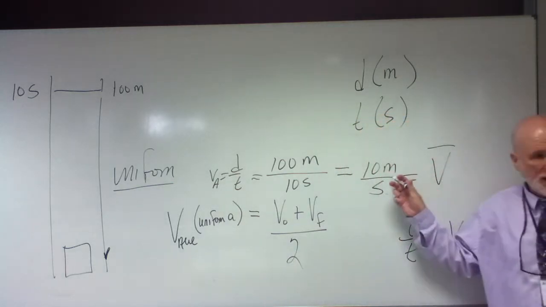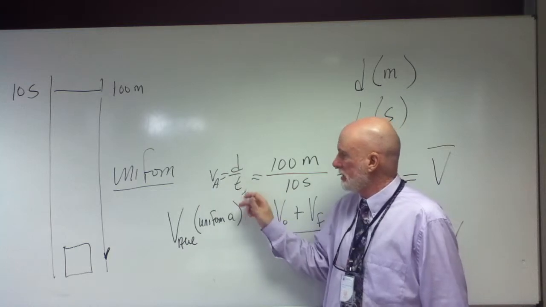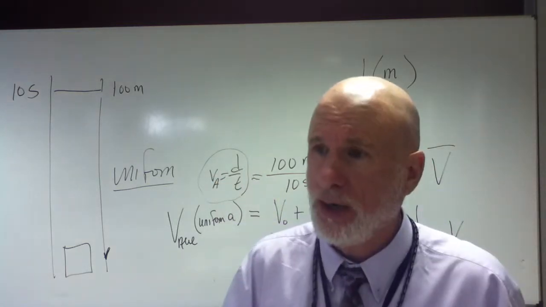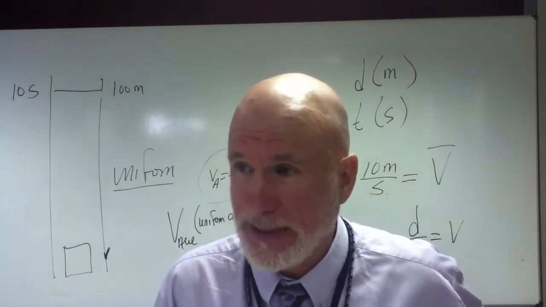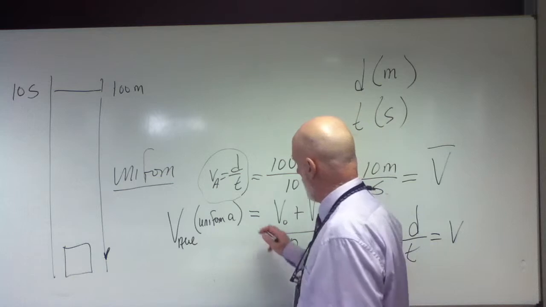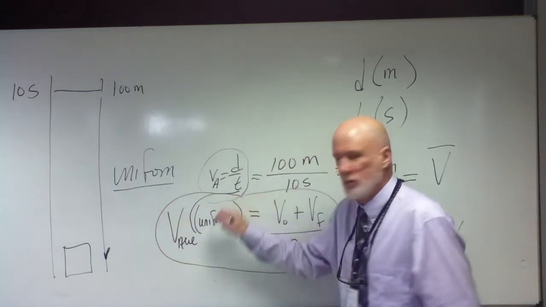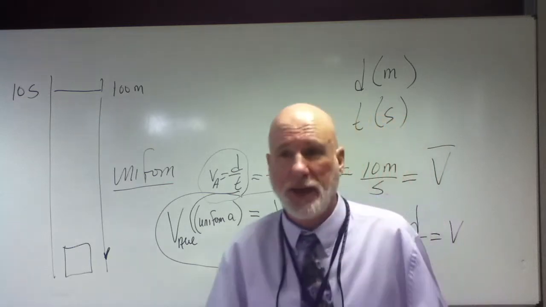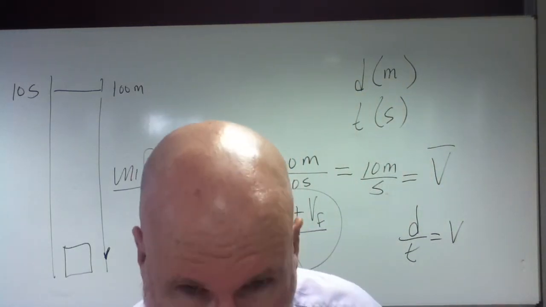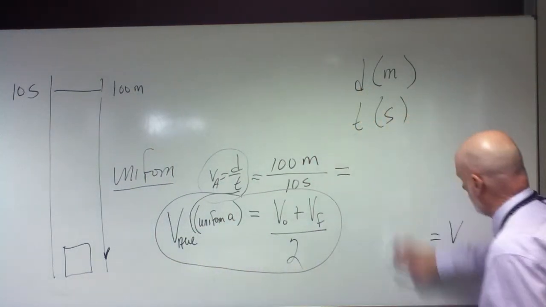Remember, I said you can use that equation for uniform or non-uniform acceleration. The problem is you cannot use this equation unless you have uniform acceleration. Clear? All right, now, hang in there. Give me 60 seconds, and I'll show you what I mean.